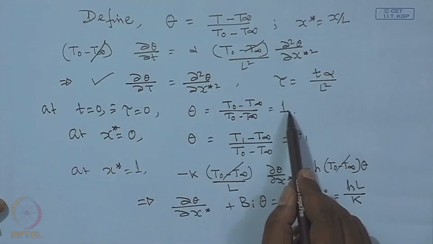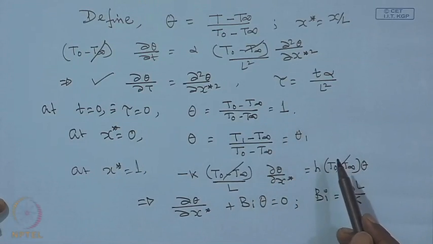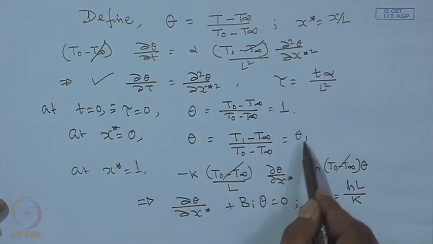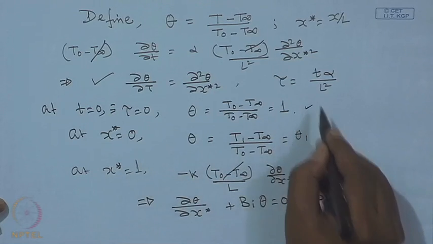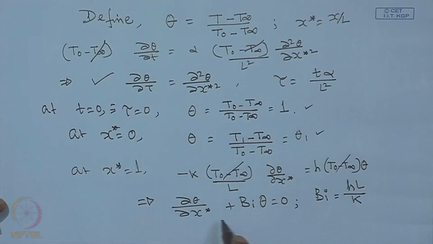The 1 represents the non-homogeneity. Theta is equal to theta 1 at x star is equal to 0. That is also a non-homogeneous term, but on the other hand, the boundary condition at x star is equal to 1 has become homogeneous. So, by this way of defining theta, we have reduced the number of non-homogeneities from 3 to 2.